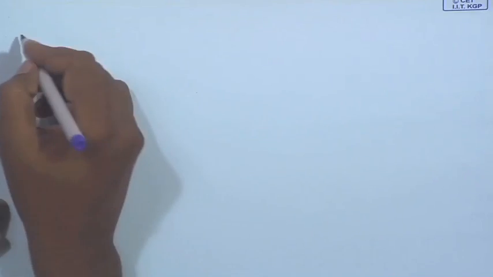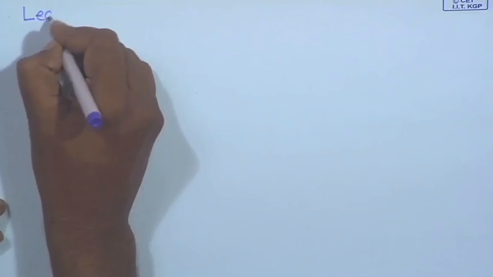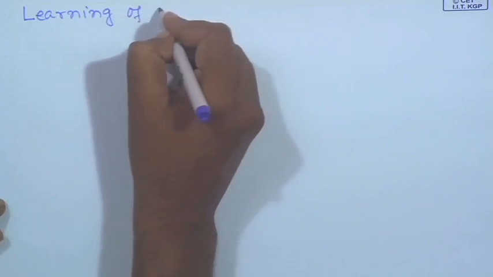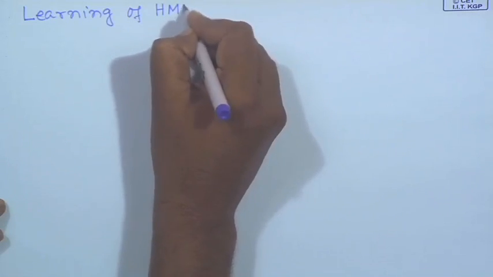Using a number of known visible sequences, you train the hidden Markov model. So the training or learning process of the hidden Markov model is actually supervised learning. Now what we discuss is learning of the hidden Markov model, which, as we said, is a very important issue.